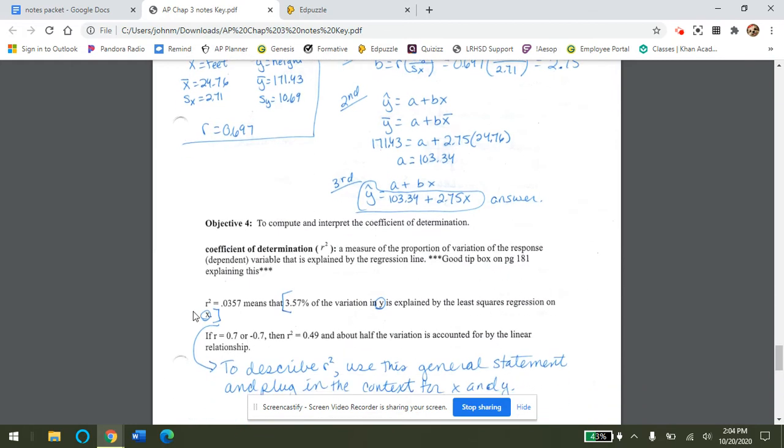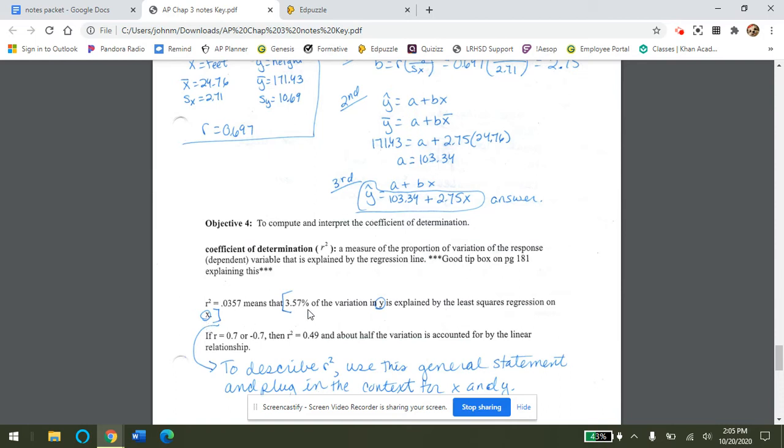So here's what we're going to do. Okay, if you are given r squared is this, it means that 3.57% of the variation in y, whatever your y is, is explained by the least squares regression on whatever your x is.